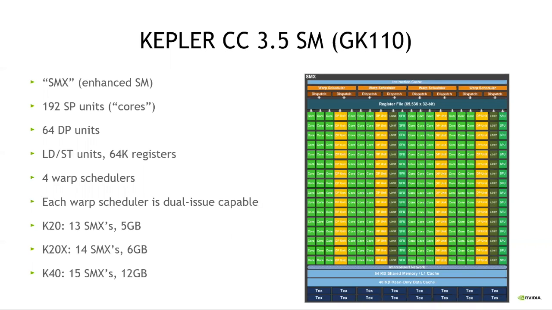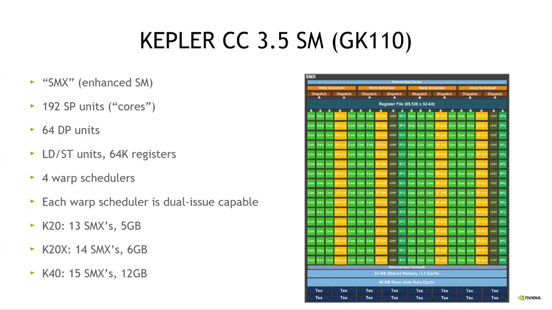How many cores does it have? And GPUs with more cores are generally considered to be larger, more expensive, and more powerful than GPUs with smaller numbers of cores. Since the number of cores per SM is fixed, a GPU with a larger number of cores by definition has a larger number of SMs, and a GPU with a smaller number of cores has a smaller number of SMs.